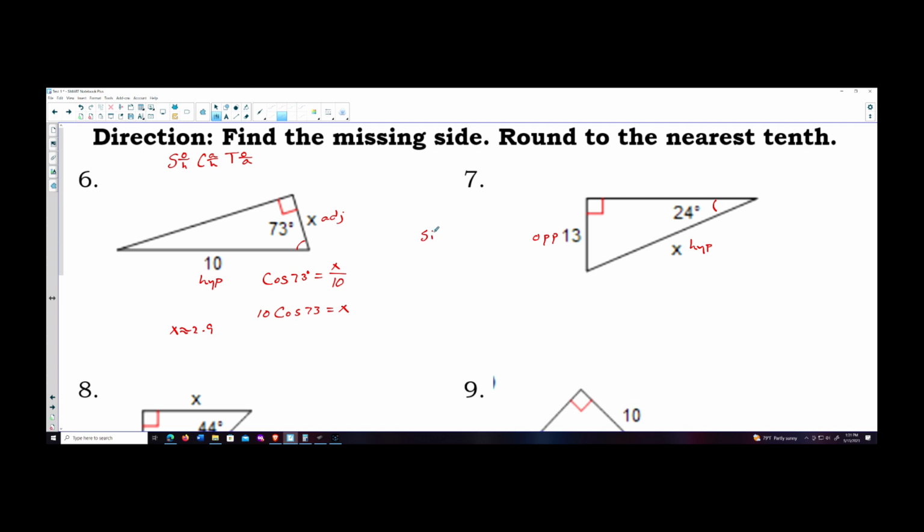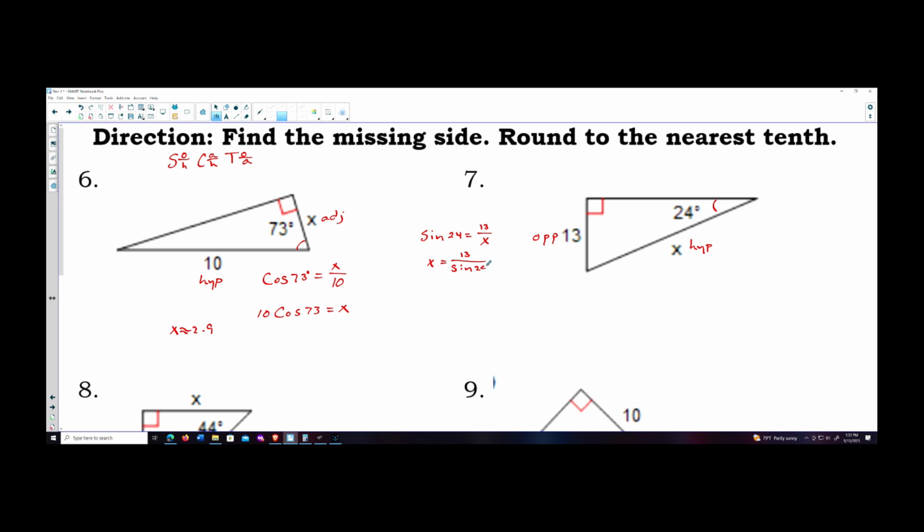So sine of 24 is equal to the opposite, which is 13, over x. Now to solve for x, remember I'm dividing by x, so I have to multiply by x on both sides. So basically bring x to the front of the sine of 24 and take that sine of 24 and put it down where the x was. So x would be 13 divided by the sine of 24.